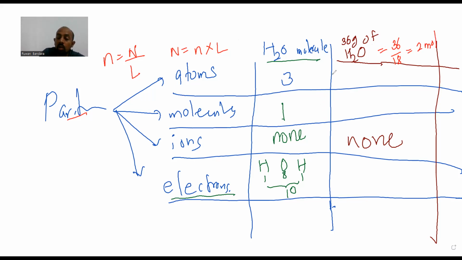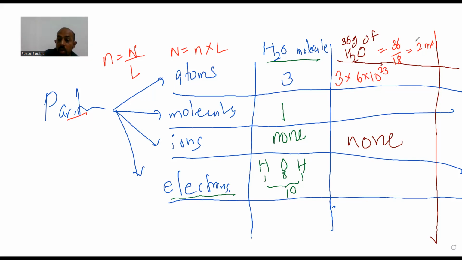So, in one H2O molecule, we have 3 atoms. In 1 mole, you have 3 into 6 into 10 to the power 23 atoms. 6.02, I just wrote it as 6.